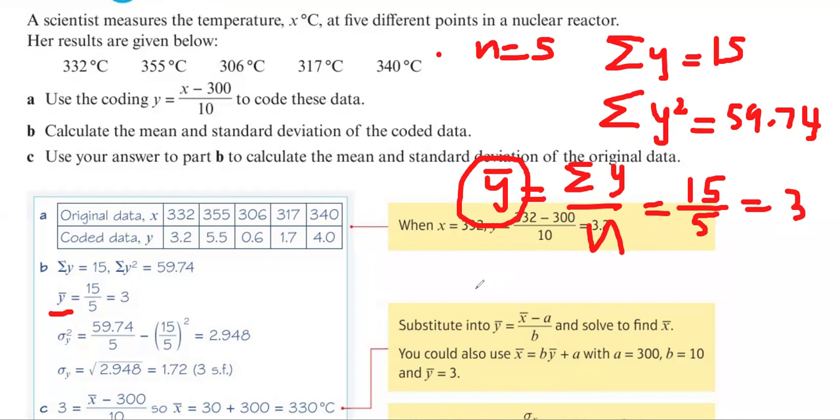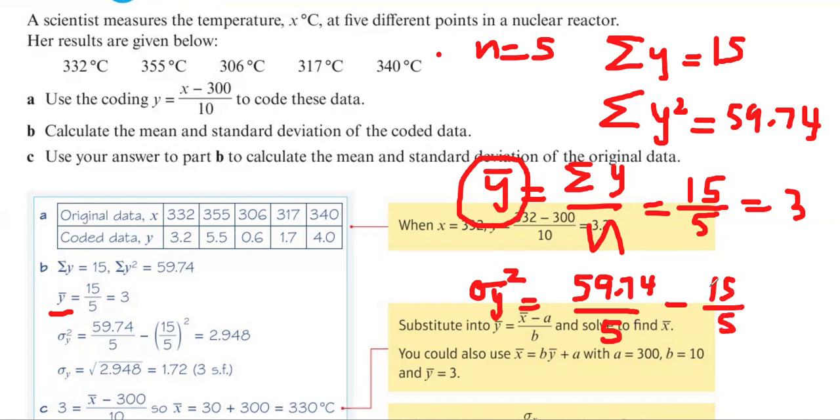Okay. Then we can find sigma y square also. Sigma y square means variance. Muthu, what is the equation for variance? Sigma y square over n, that is 59.74 over 5, minus sigma y over n, that is 15 over 5, squared, the normal way.